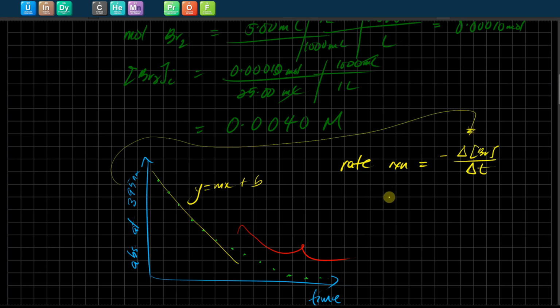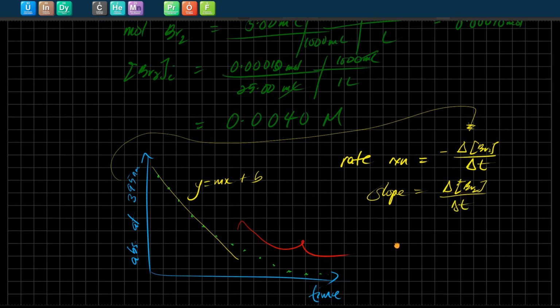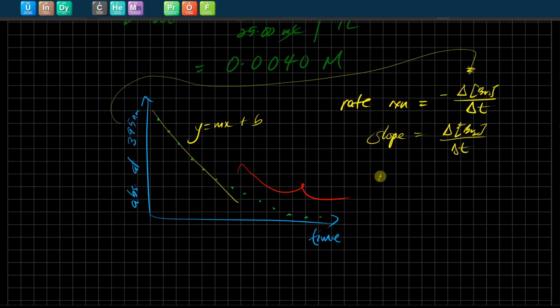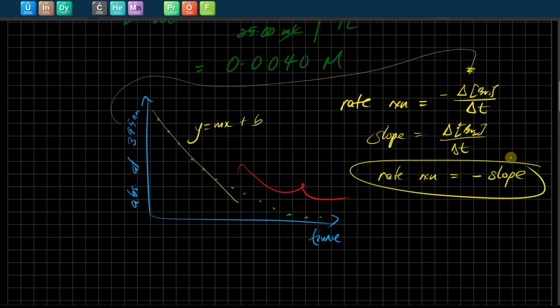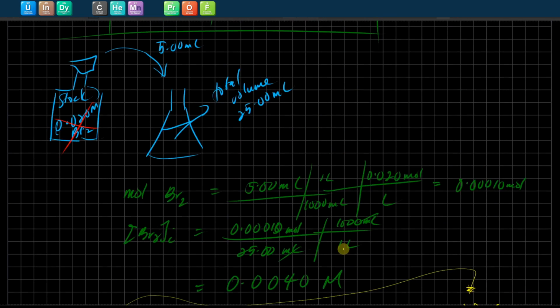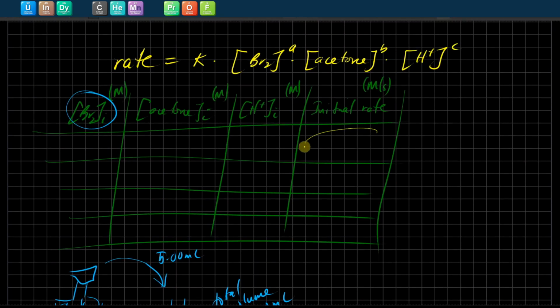So the slope of this graph, y over x, is the change of concentration of bromine with time, which means the rate of reaction is the negative of the slope. Once we find the straight line equation for our data from that trial, the negative of that slope will be our initial rate.